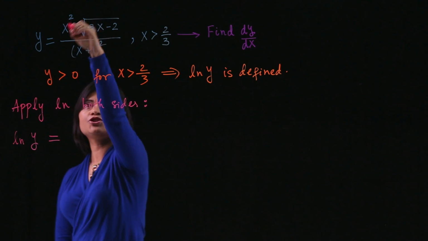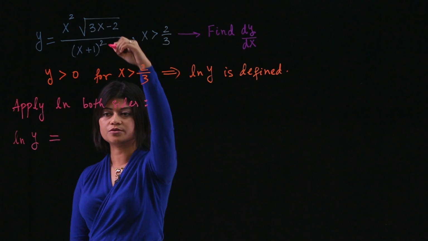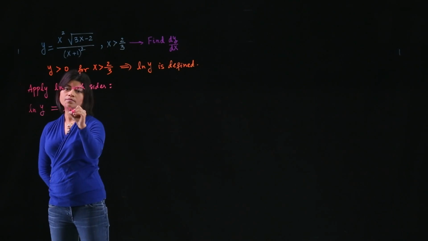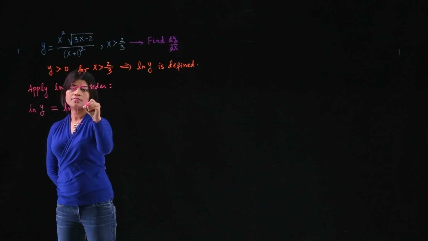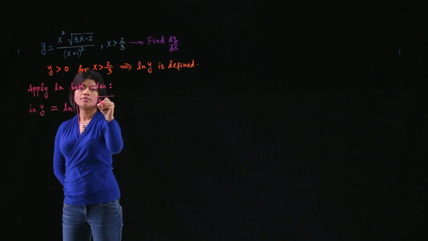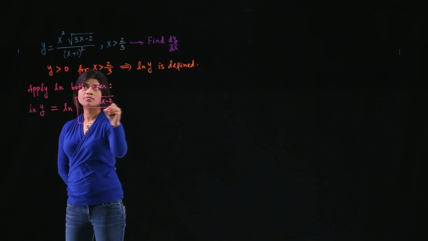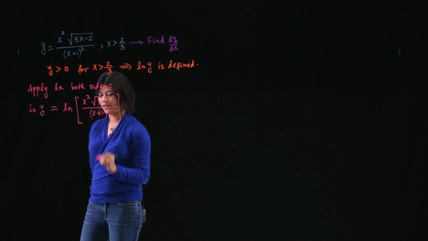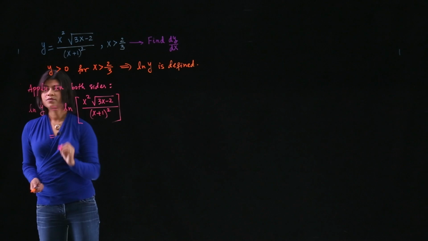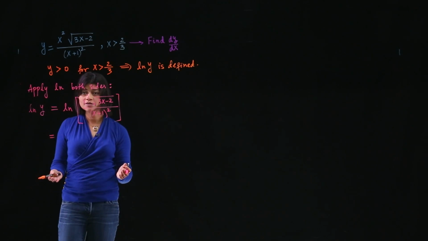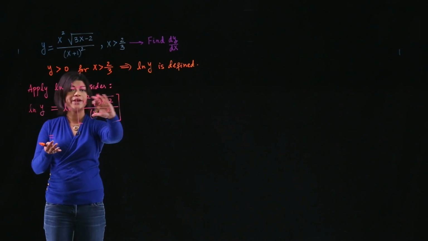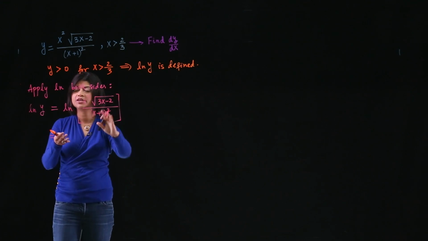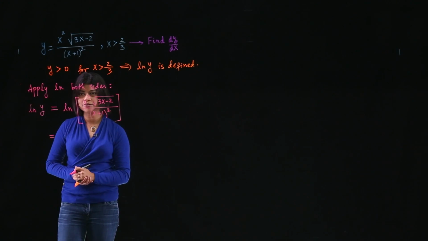Right hand side we have natural log of this entire expression. Now, why did we apply natural log? Because we want to break up this big expression using properties of natural log.